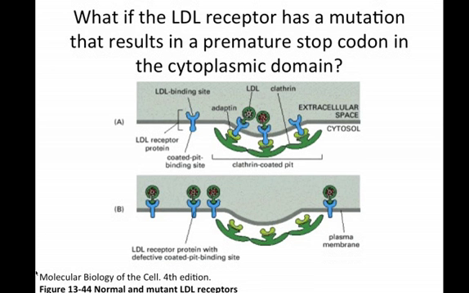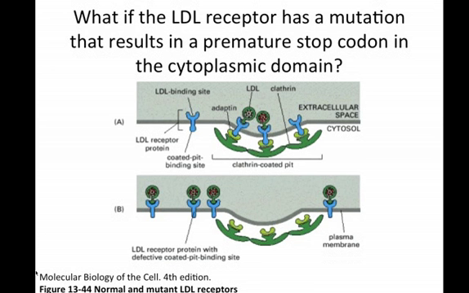How can we assume that a premature stop codon would only affect the cytosolic side and not the entire protein? So the question is, how can we assume that the premature stop codon will only affect the cytoplasmic domain? Well, it depends on where it is.